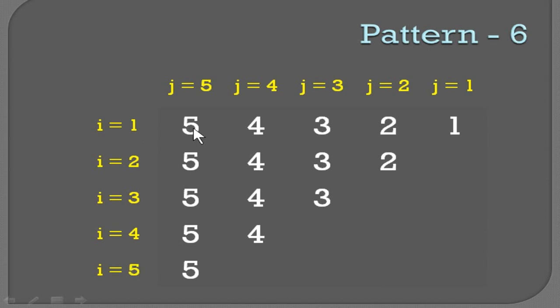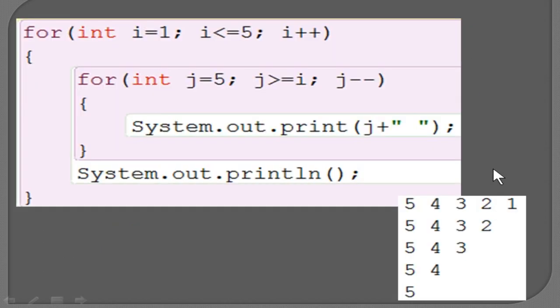In the inner loop, the start value is 5 for all the rows. So j starts with 5, decreases the value every time, and ends with the i value: if the i value is 1, it ends with 1; if the i value is 2, it ends with 2. So you stop when the j value reaches the i value.